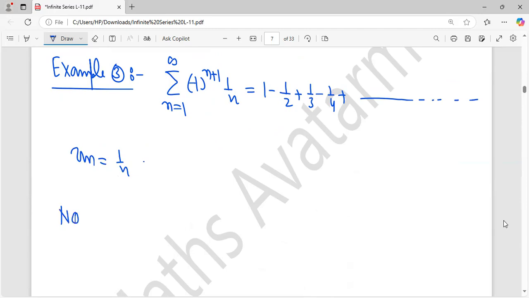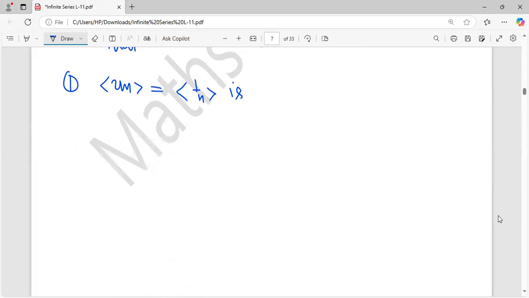Note that this sequence un is monotonically decreasing. We know that.